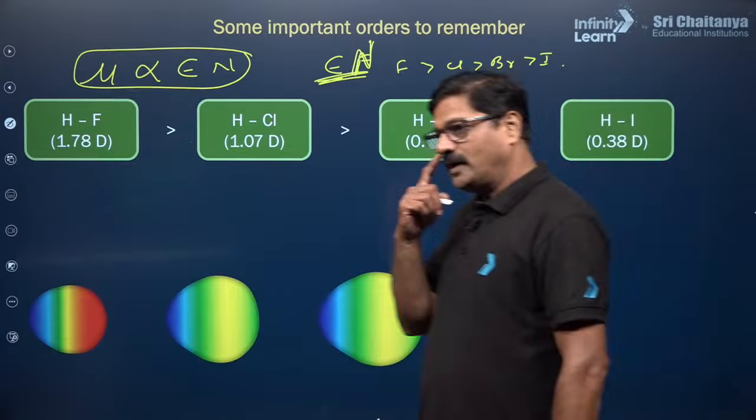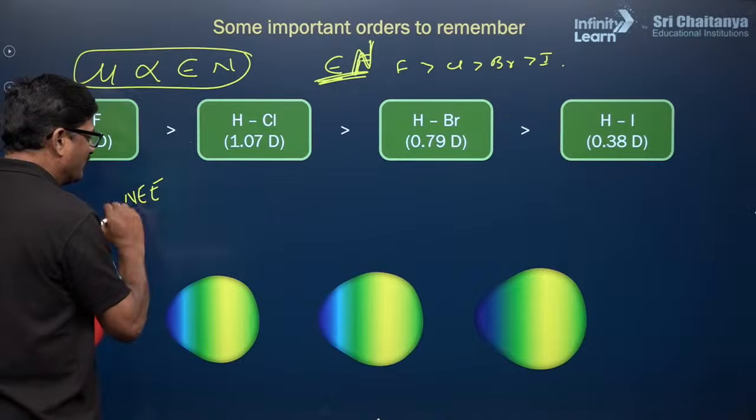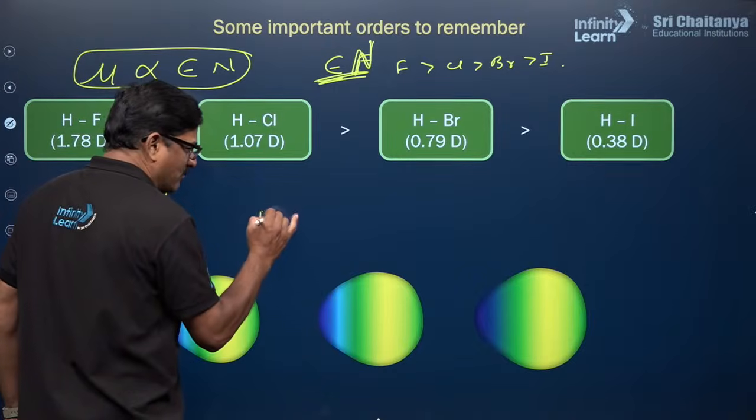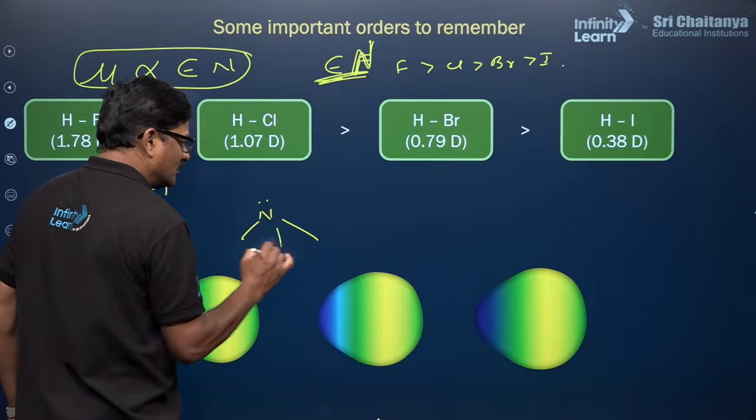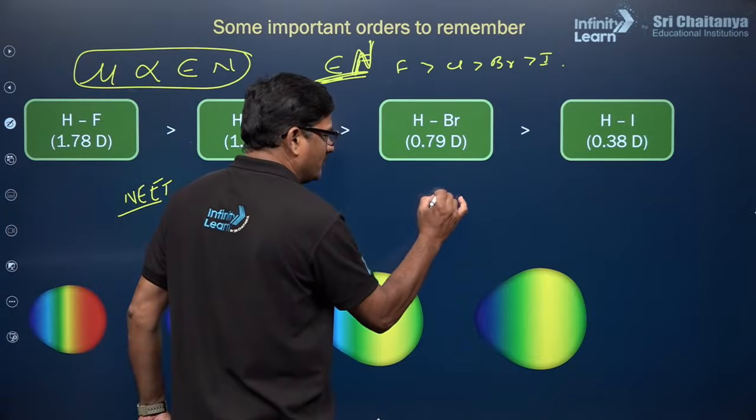Similarly, one more thing I want to say here, very, very important for the NEET aspect. So look at this. Ammonia and NF3.